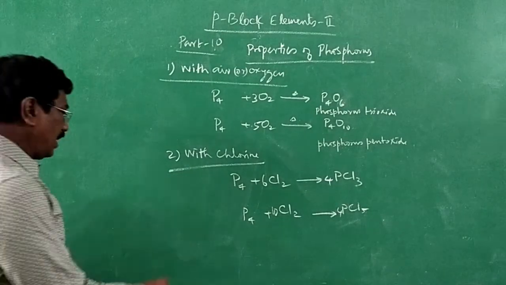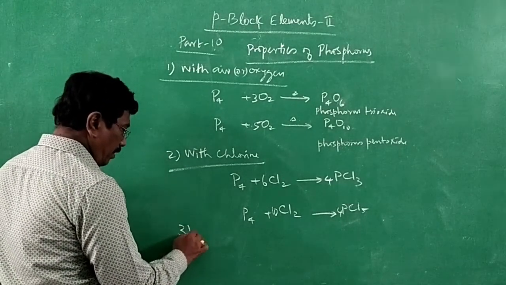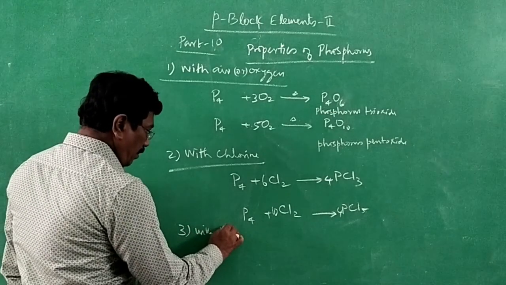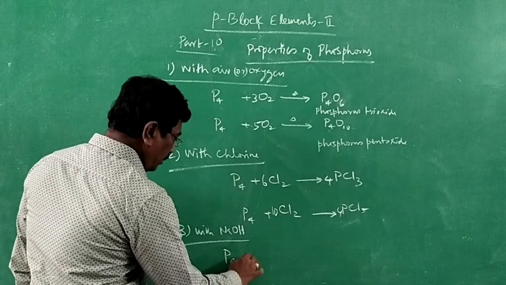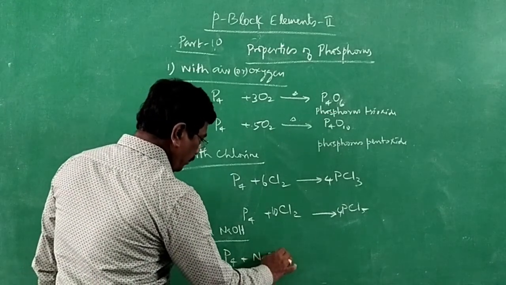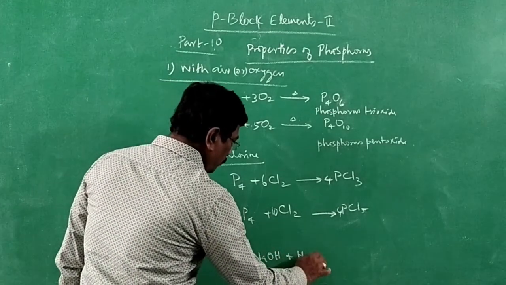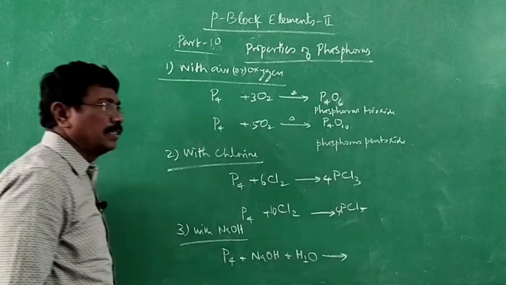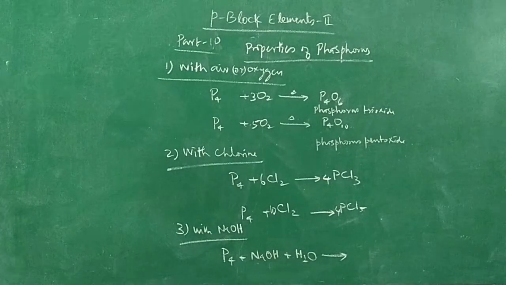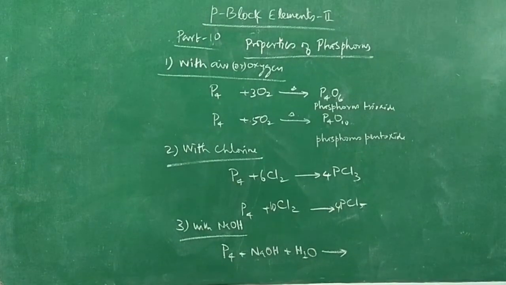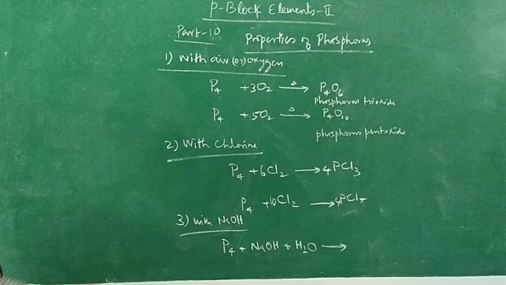Now, an important reaction with sodium hydroxide. When white phosphorus is heated with sodium hydroxide solution, that means with water, of course in an inert atmosphere, in the atmosphere of carbon dioxide, whatever it may be, it forms phosphine.